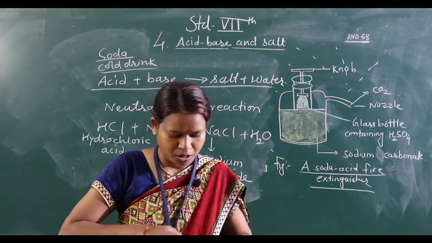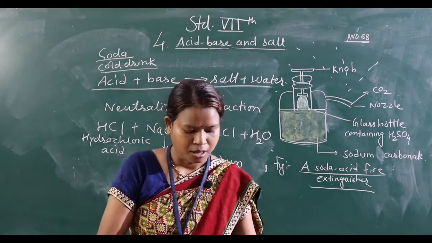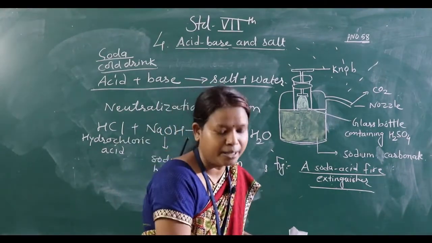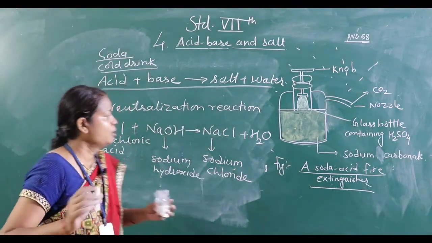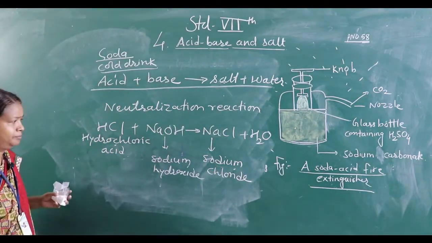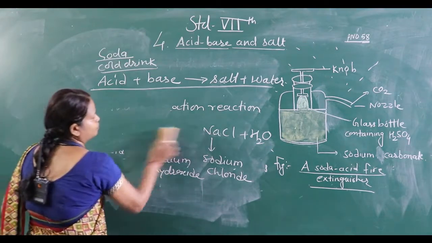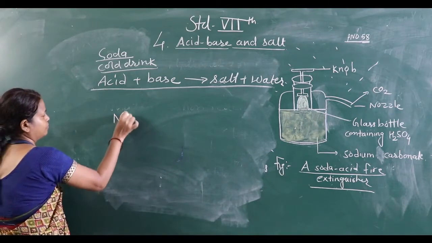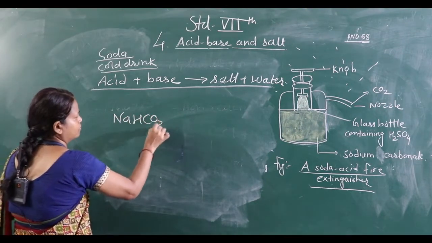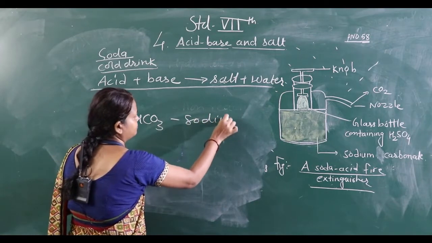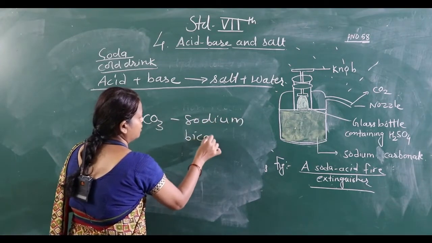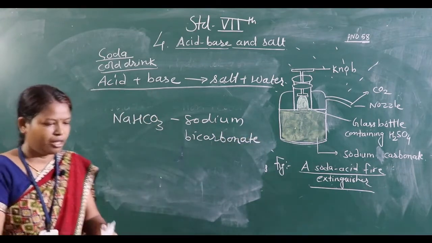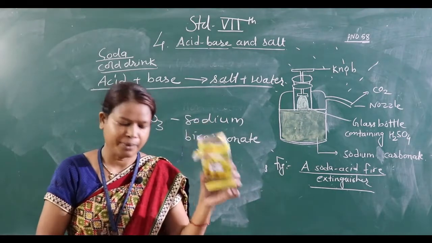Now this is baking powder. Baking soda is its common name, but its chemical name is sodium bicarbonate. Commonly at our home we call it baking soda or baking powder.